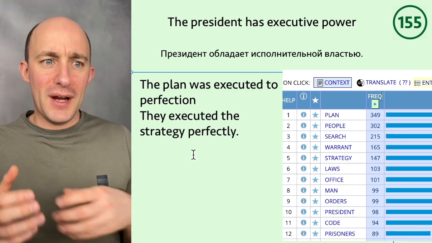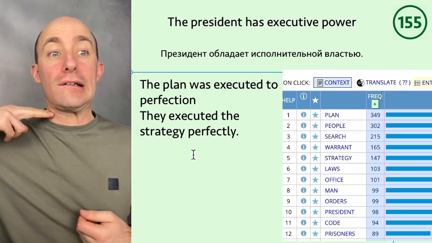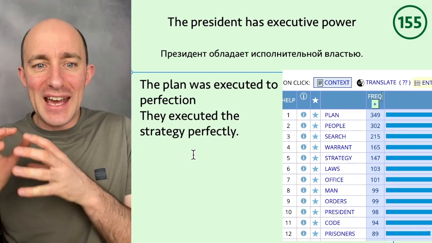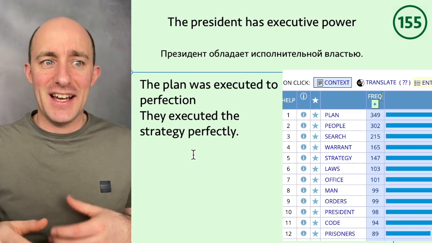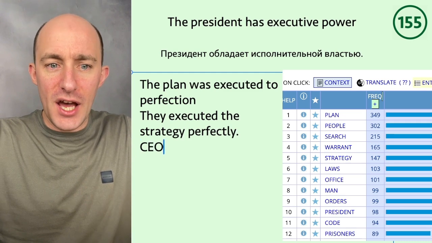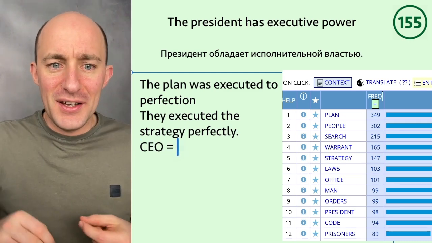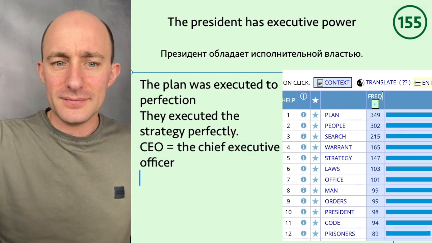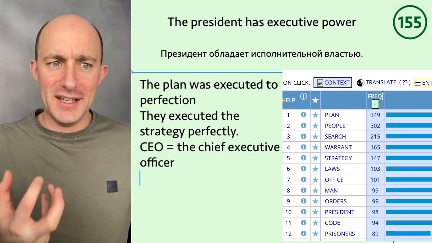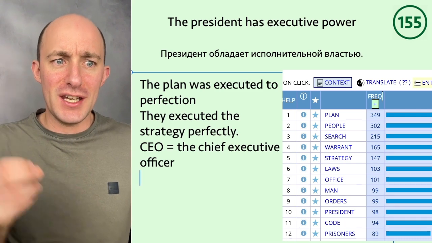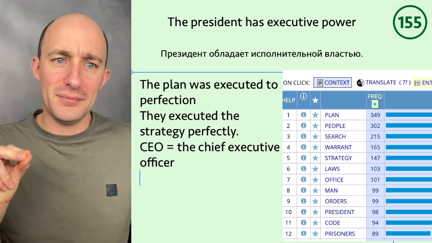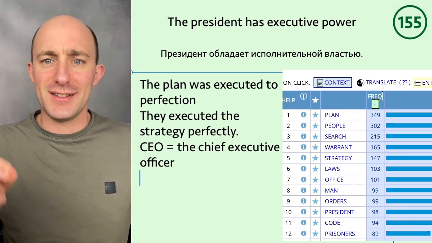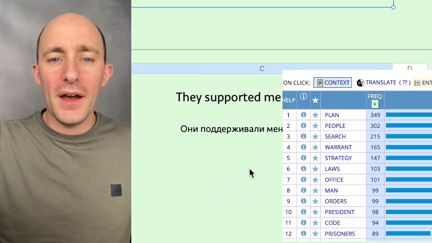So you can talk about the execution of a person, but you can also talk about the execution of a plan. And that's why CEO is the Chief Executive Officer. Because he can исполнять планы, решения, etc. Execute plans, strategies, things like that.